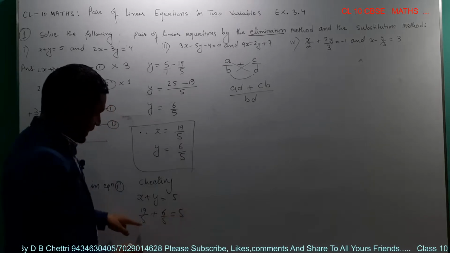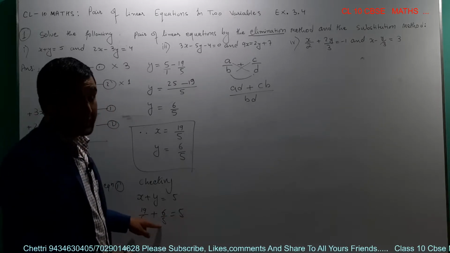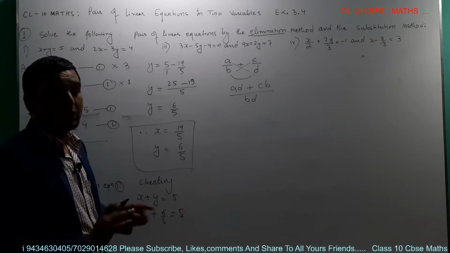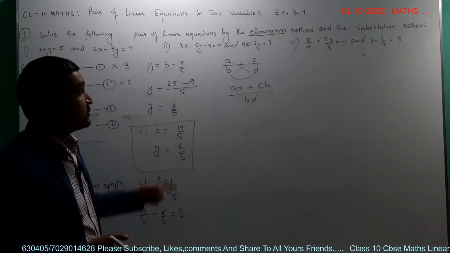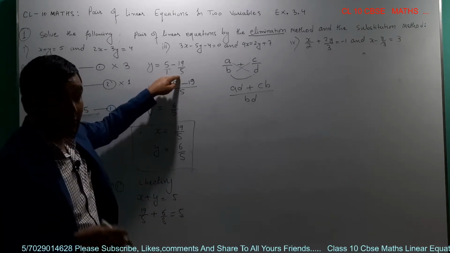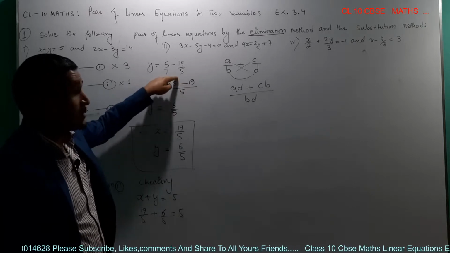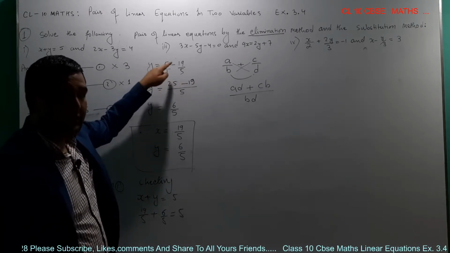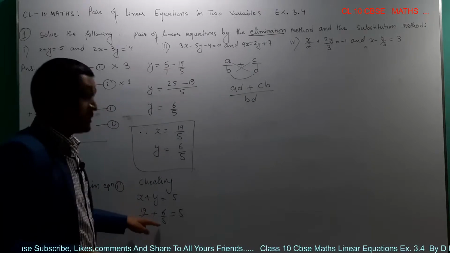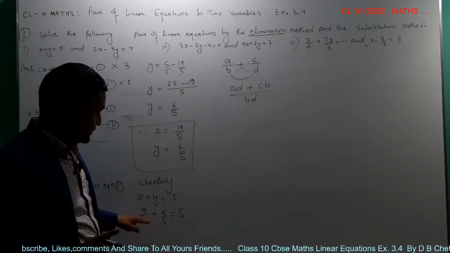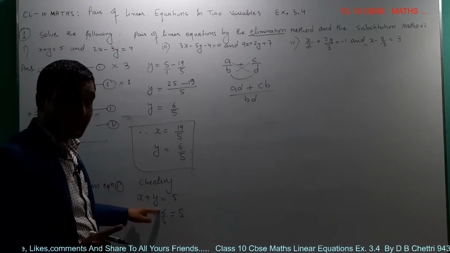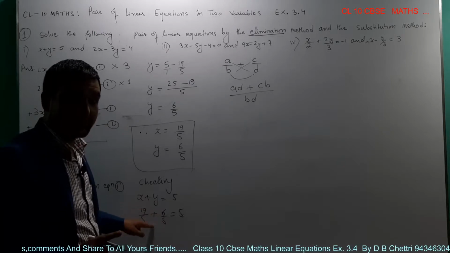If their denominators are the same, no need to do LCM. When to do LCM? When their denominators are not the same. If their denominators are different, in that case we need to do LCM. If their denominators are the same, just write one of the denominators and copy the numerators.